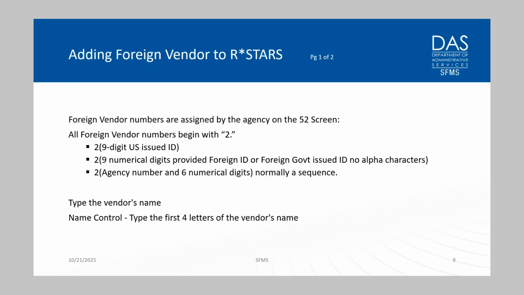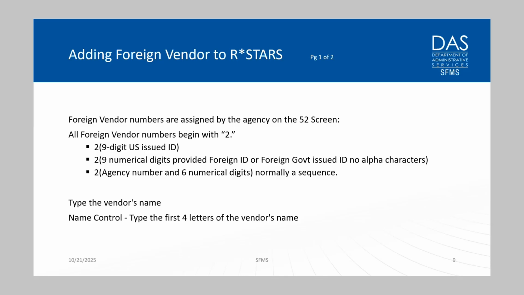We do not want any alpha characters in the vendor number. It has to do with how it is found on the screen. And if you start throwing in alpha characters, it really skews the numbering sequence on the screen.